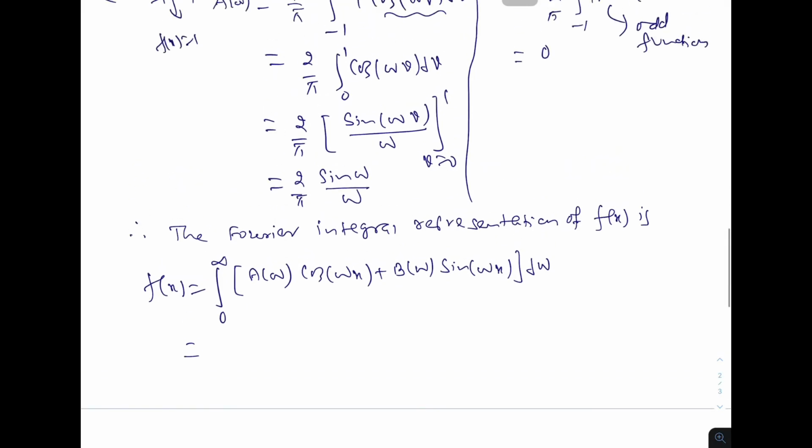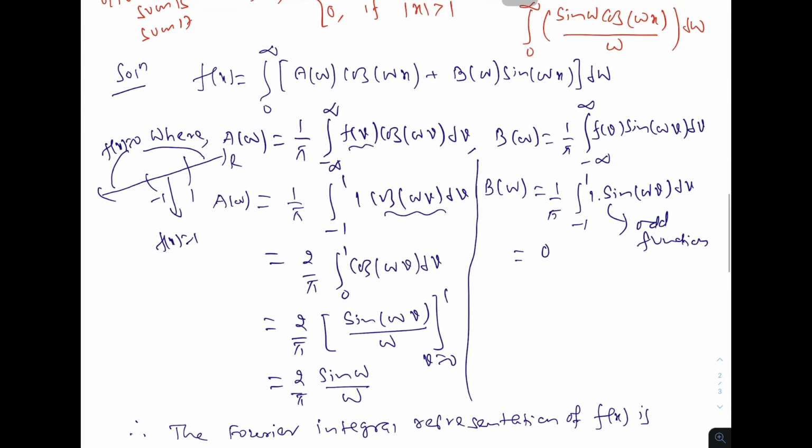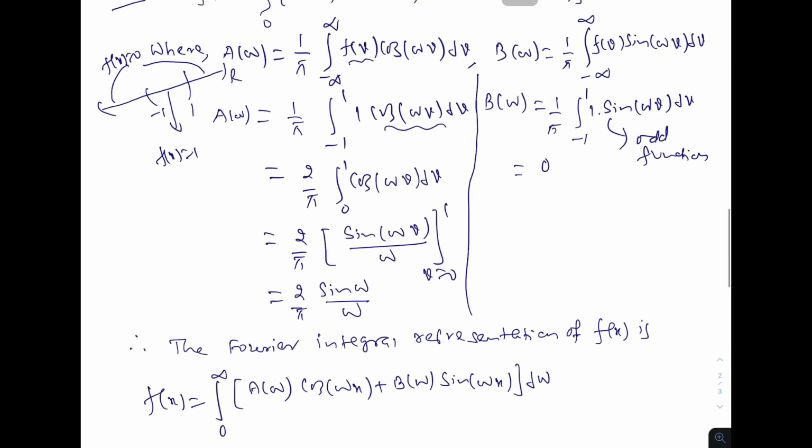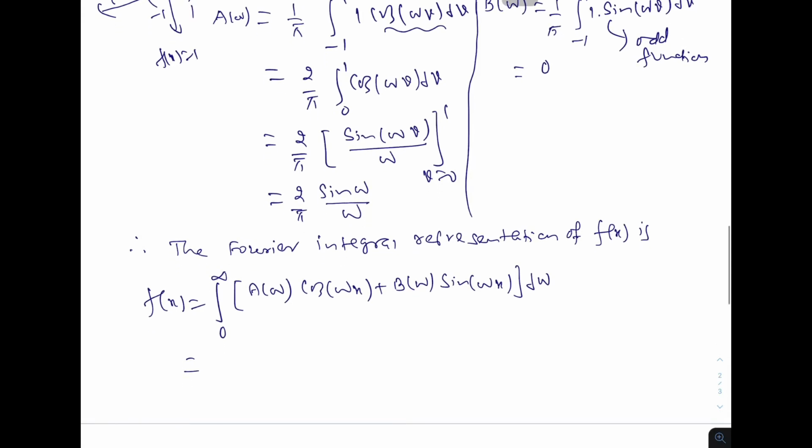This is equal to, now B(omega) is 0, so that part is 0, and A(omega) is 2 by pi sin omega upon omega.